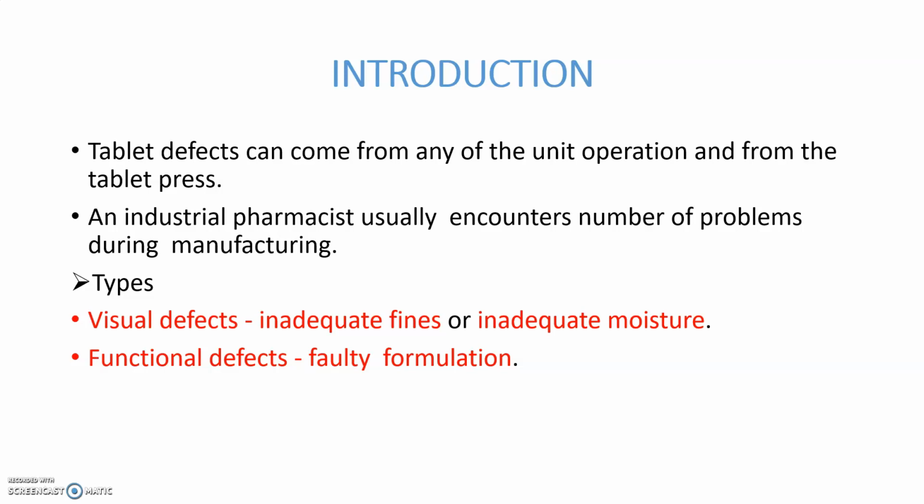Another type is functional defects, which are due to faulty formulation, such as inadequate binding agents or inadequate lubricants, that is, insufficient or excess amounts during formulation. So these functional defects can arise in tablet manufacturing.